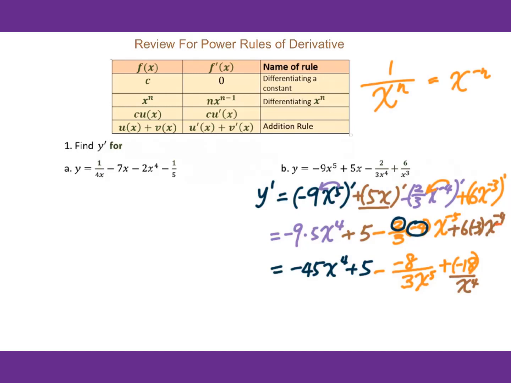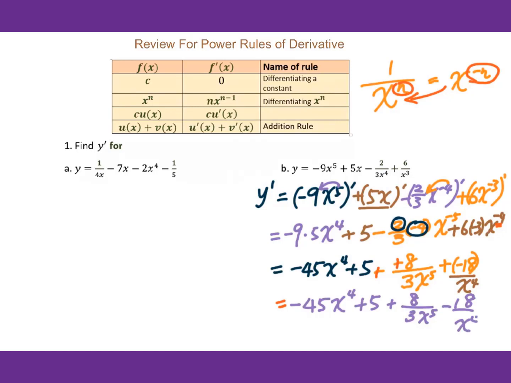Remember the negative exponents: you go to the denominator, then change negative exponents to positive exponents. Therefore, here negative will be a positive. Negative 45x to the fourth power plus 5 plus 8 over 3x to the fifth power minus 18 over x to the fourth power.